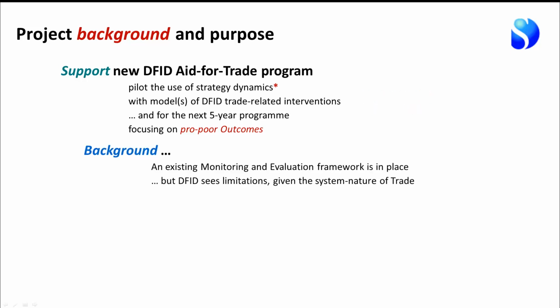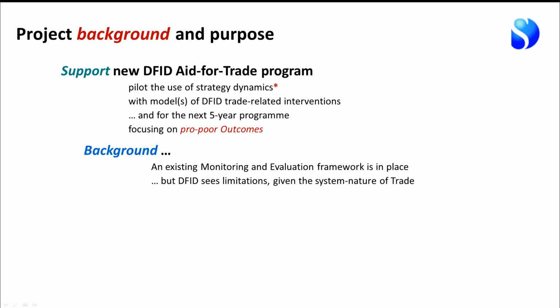DFID already has a pretty well developed existing framework for monitoring and evaluating the work that it does. It's very conscious that it needs to show that the money it's spending is delivering value. But the department recognises that that framework has limitations arising from the complicated system nature of trade itself.